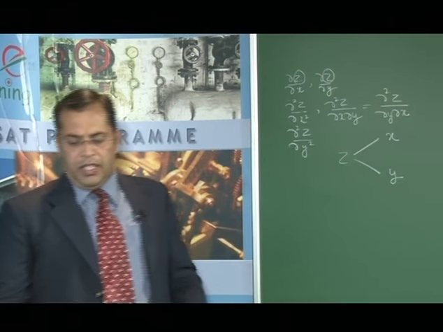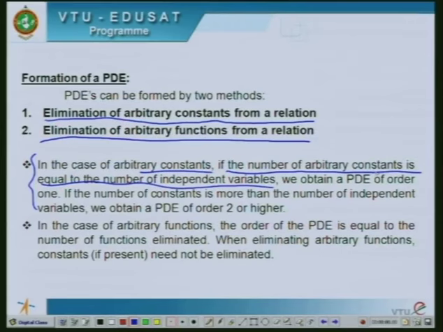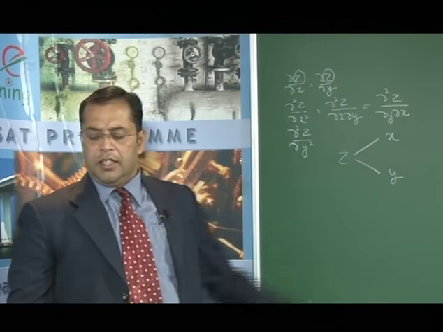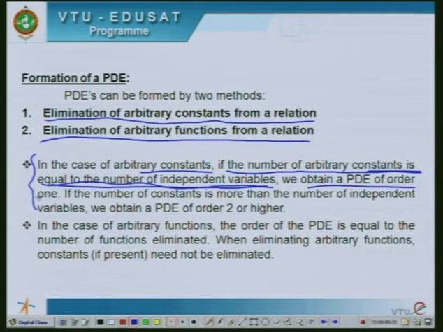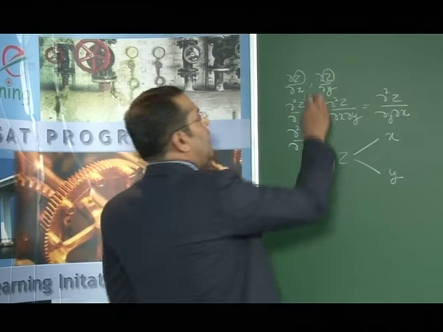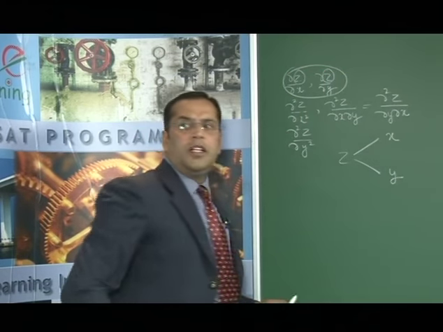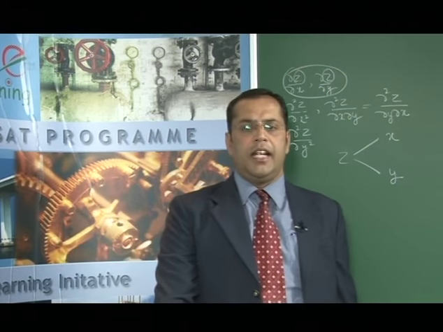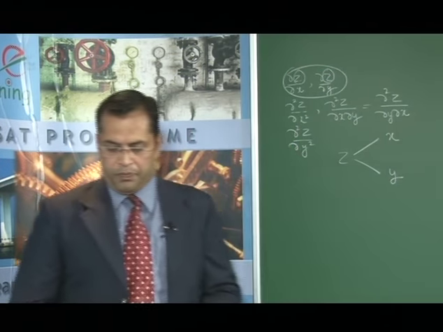So, if the number of arbitrary constants in the relation is equal to the number of independent variables, for example, you have 2 here, correct? We obtain a PDE of order 1, first order PDE, that is the PDE will contain the partial derivatives ∂z/∂x and ∂z/∂y.